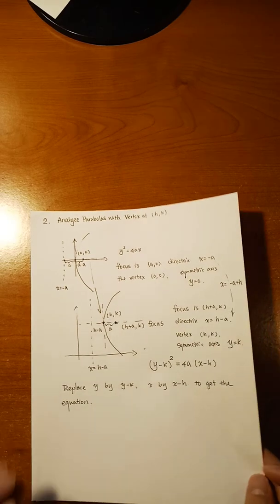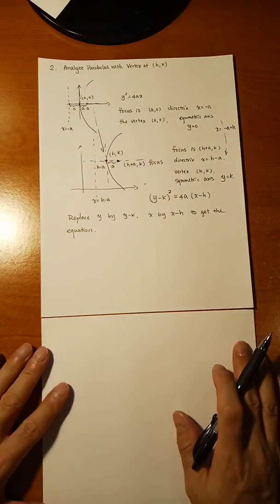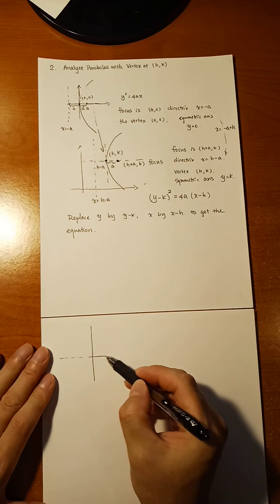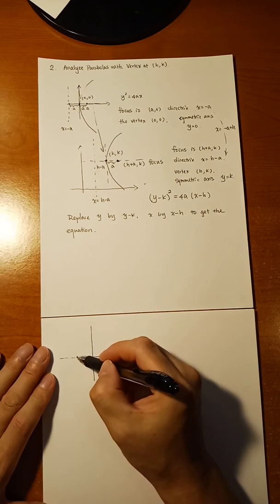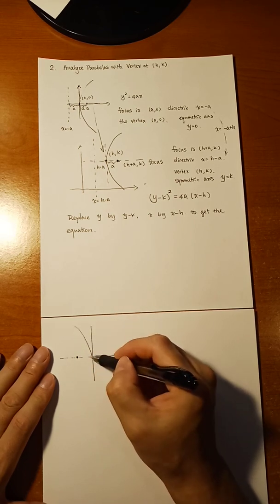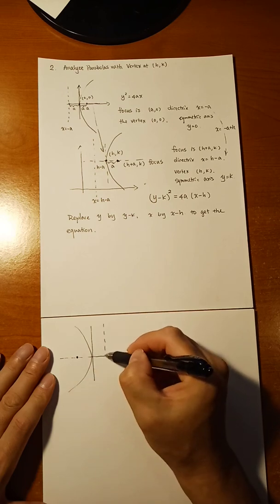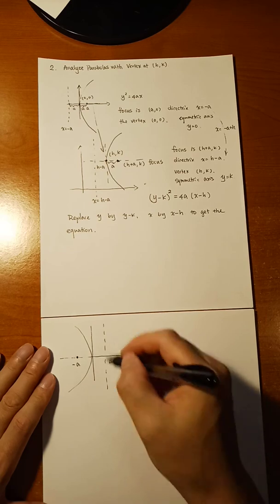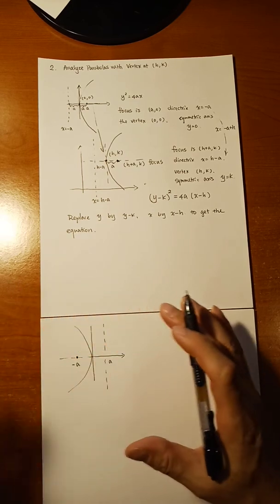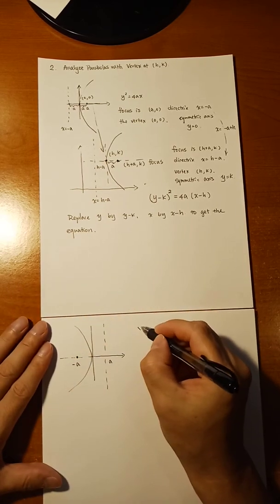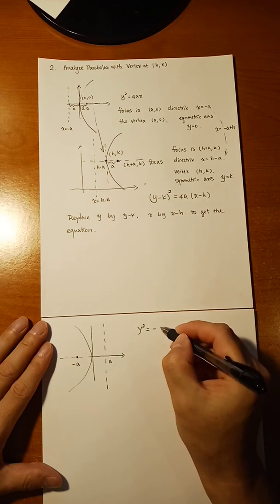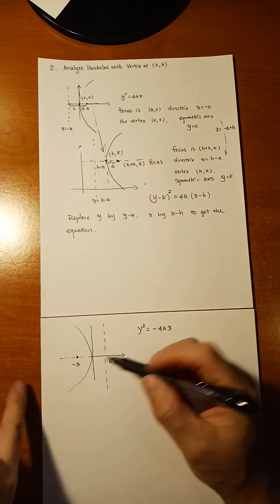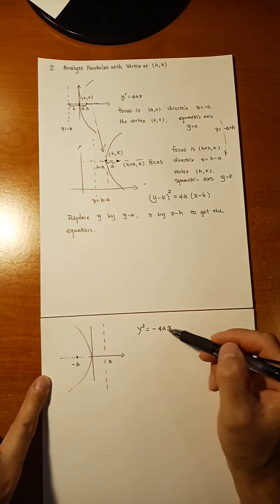All right, so this is our first situation. Let's see the second one. Assume we have the symmetric case. The focus is on the left. This is the original situation, a, negative a. If the parabola opens to the left, then the equation is y squared equals negative 4ax, towards the negative x-axis.